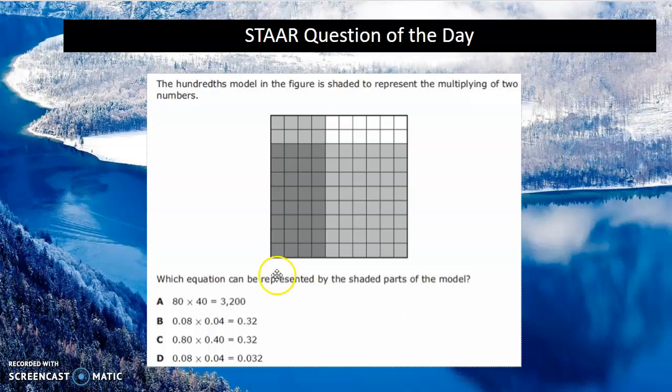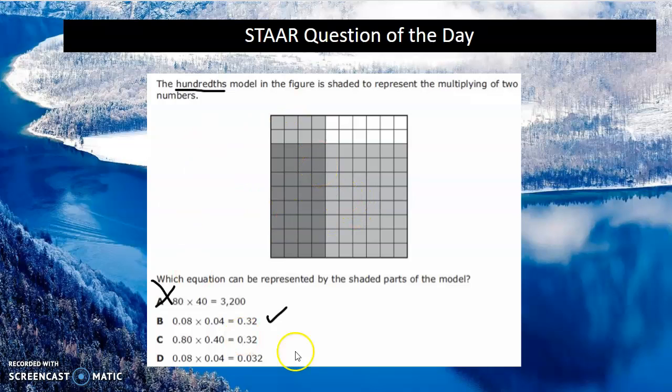Okay, so hopefully you have resumed the video, and I have a feeling that you either chose B, because I'm hoping you saw this, the hundredths model, and you didn't choose A, because we are in fifth grade and when we see this, we now know that the whole thing is one whole.